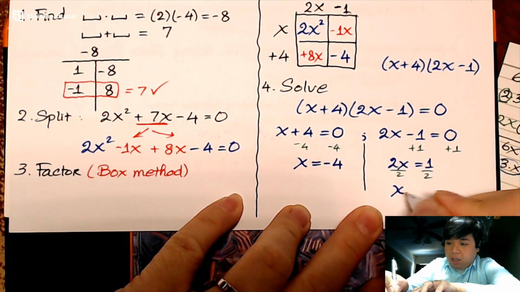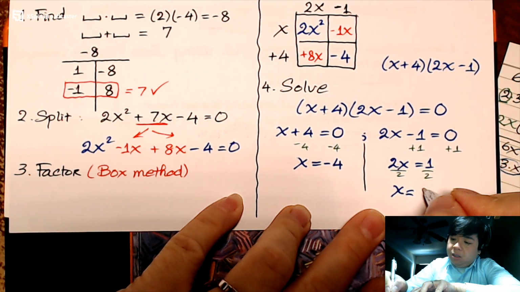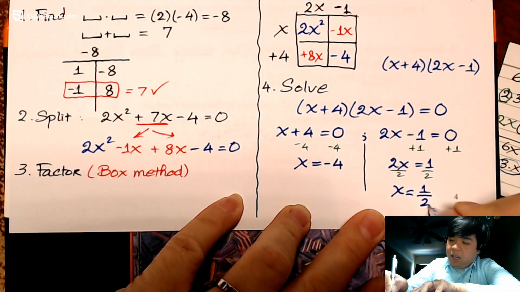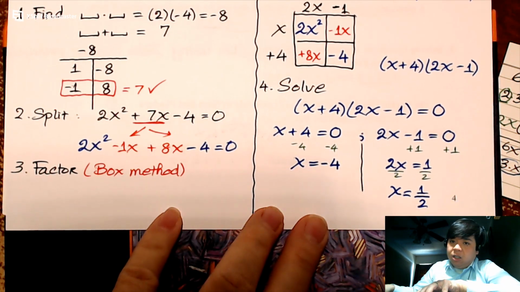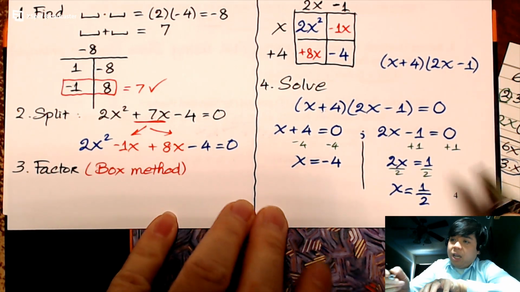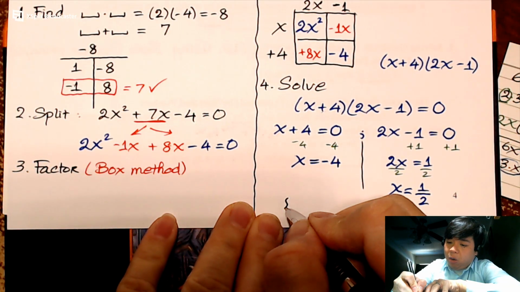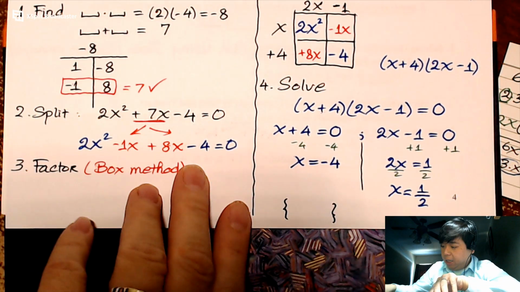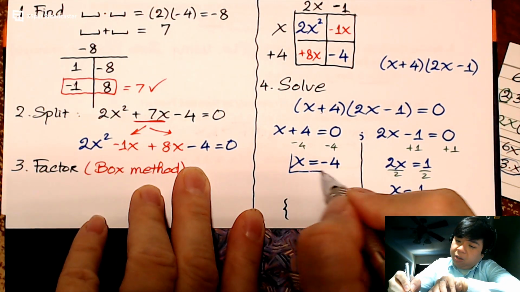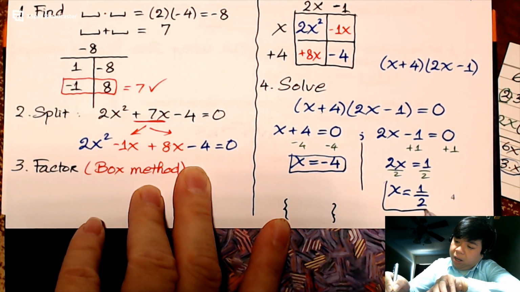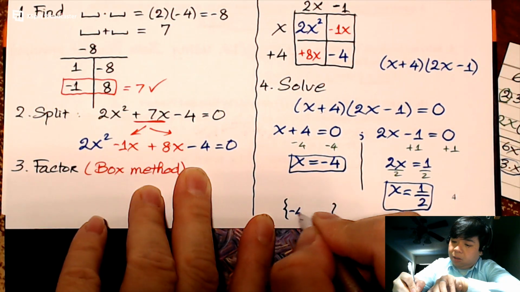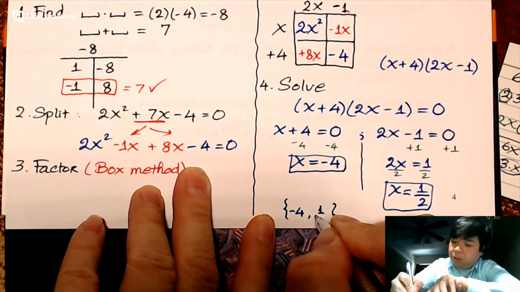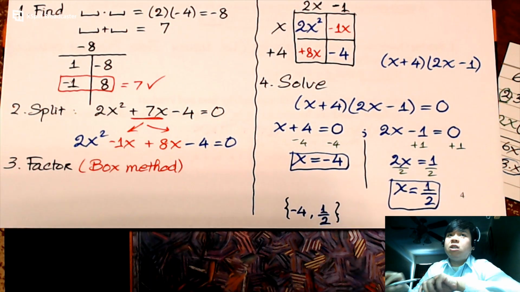We have x equal to 1/2, and we can write the solution as a set. So we just have a curly bracket, and we write the solution inside it. We have negative 4 and 1/2. So that's how we write the solution.